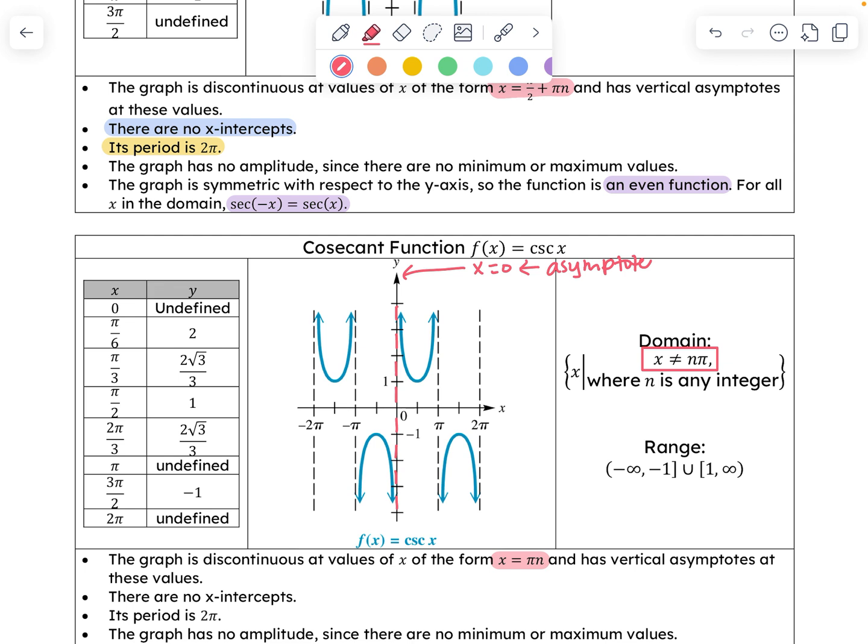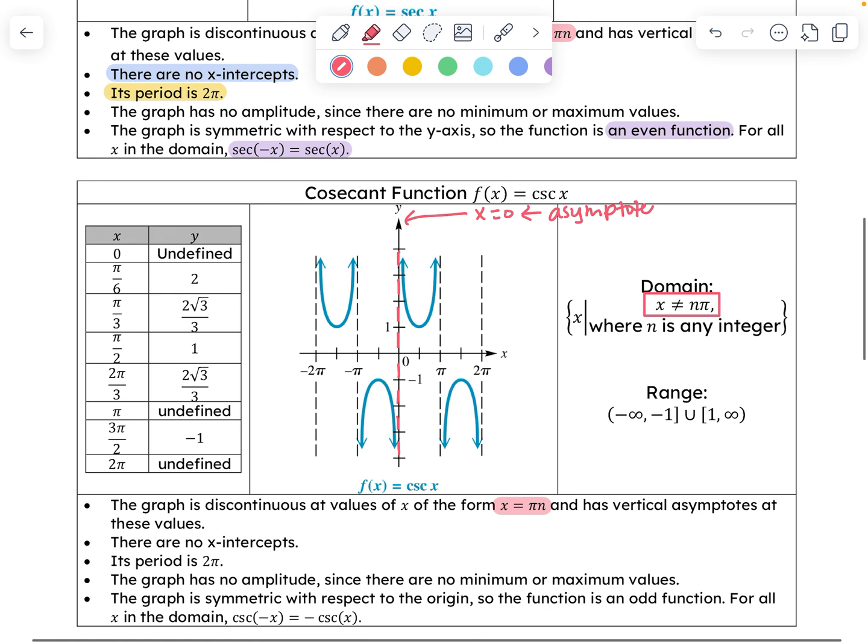Our range is the same, everything less than -1 or greater than 1, so the same as the secant function. Also, just like the secant function, there are no x-intercepts. We're back to a period of 2 pi. So sine, cosine, secant, and cosecant all have a period of 2 pi, but tangent and cotangent are the ones that have the period of pi.